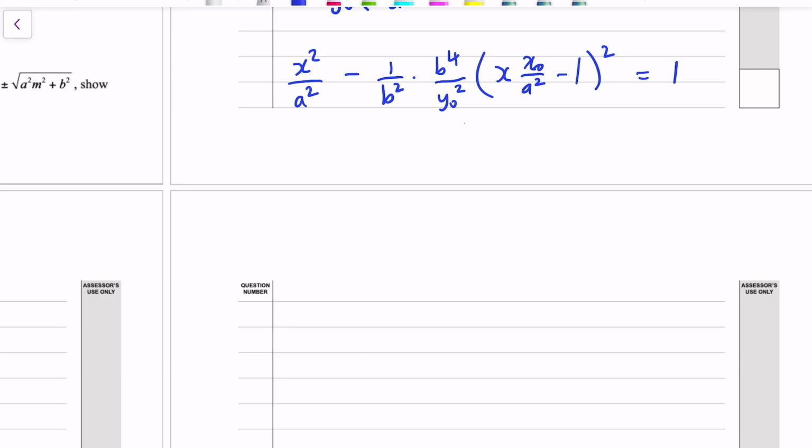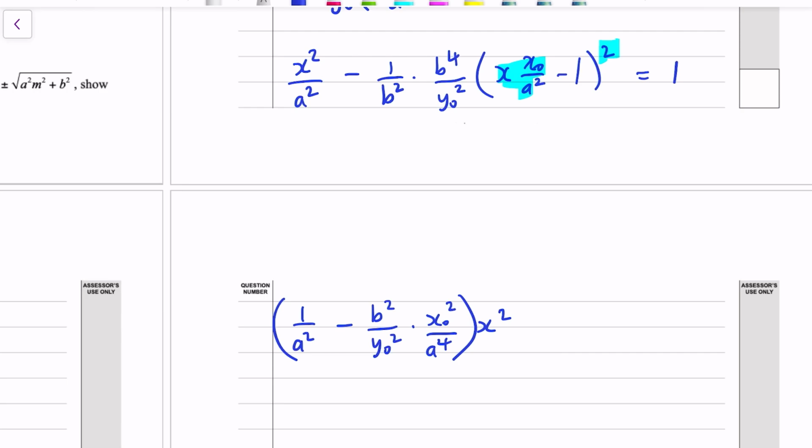Okay, so that's a quadratic equation. We've got a 1 over a squared minus b squared over y naught squared times x naught squared over a to the 4, times x squared. All I've done there is first I've simplified that constant as b squared rather than b to the 4 over b squared, and I've expanded out the first part of that bracket, x naught squared over a, which should be a to the 4, good thing I'm checking, and then all of that is the x squared term.